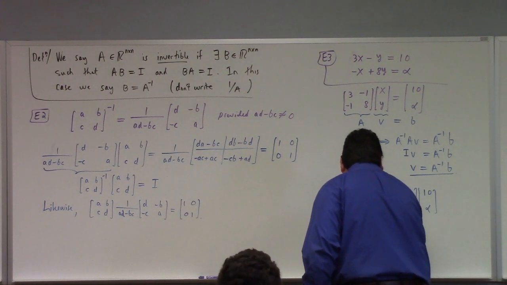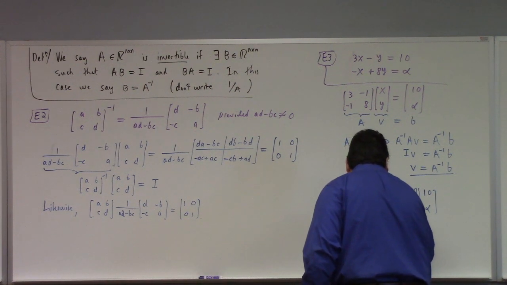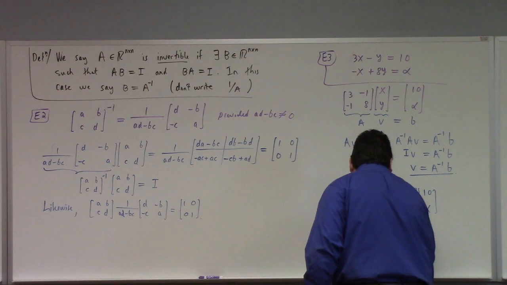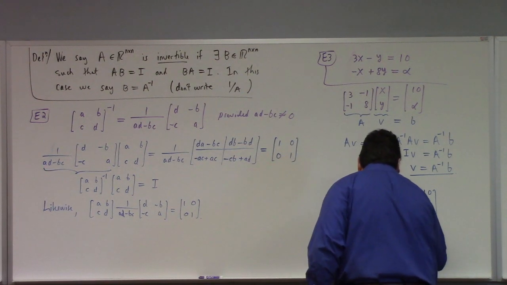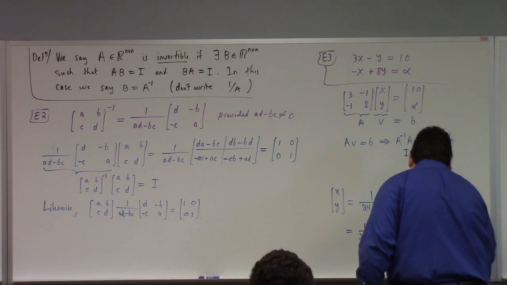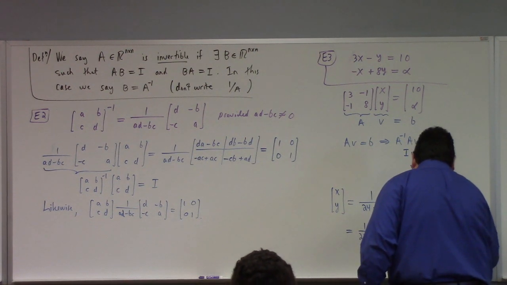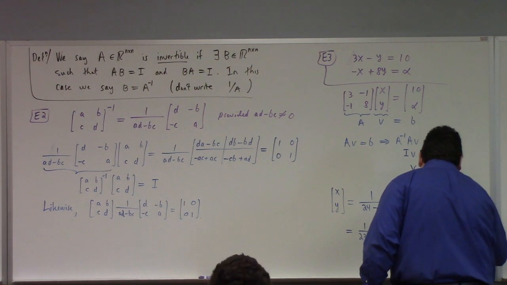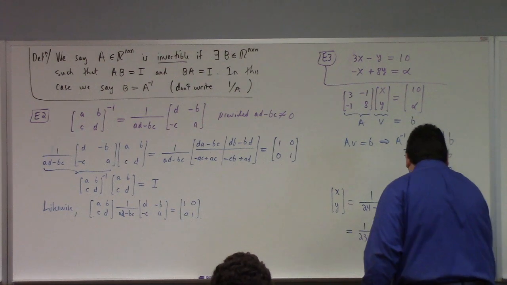I get, you know, 1 over 23, 80 plus alpha, 10 plus 3 alpha. Or if you like, 80 plus alpha over 23, comma, 10 plus 3 alpha over 23, right?